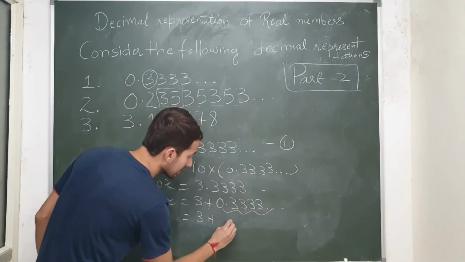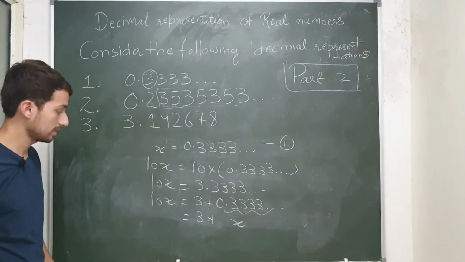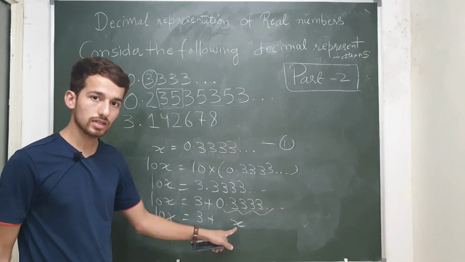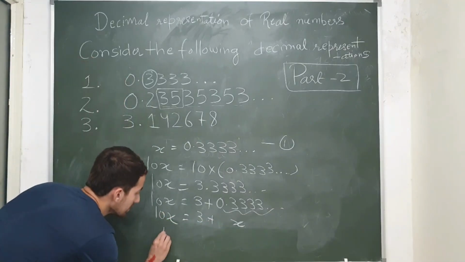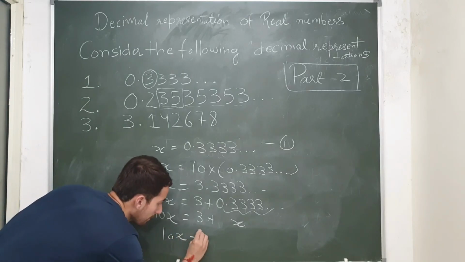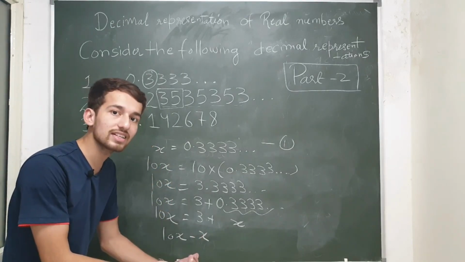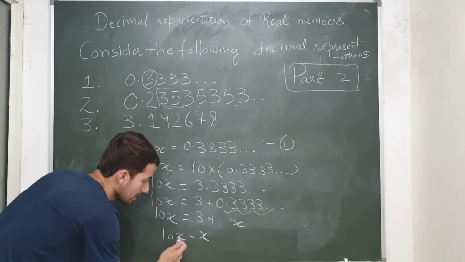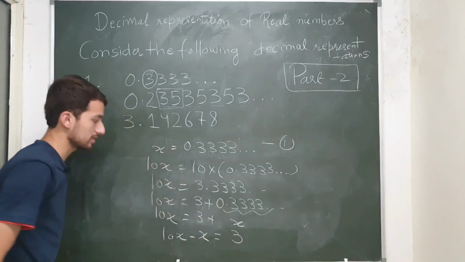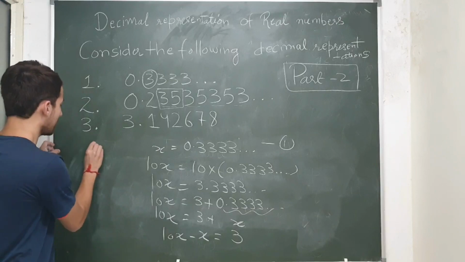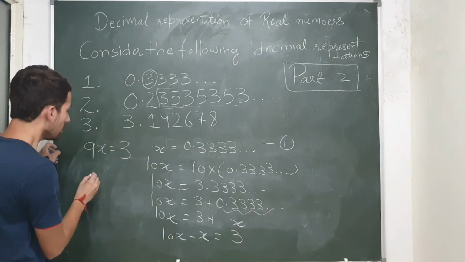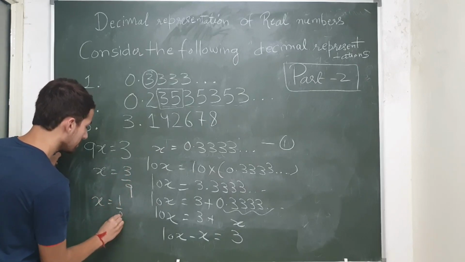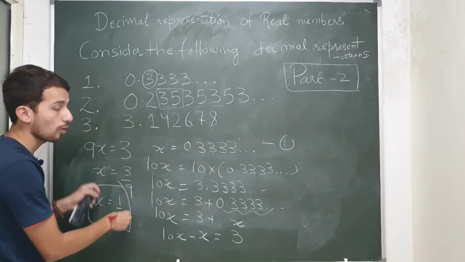Now it's a linear equation in one variable x, and I can easily solve it. It is simply 10x minus x, collecting the like terms on the left side and the constant on the other side. So I get 9x equals 3, or x is simply 3 by 9, which is 1 by 3 if you cancel the common factor 3.